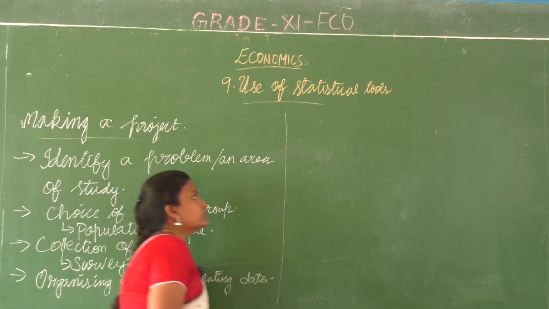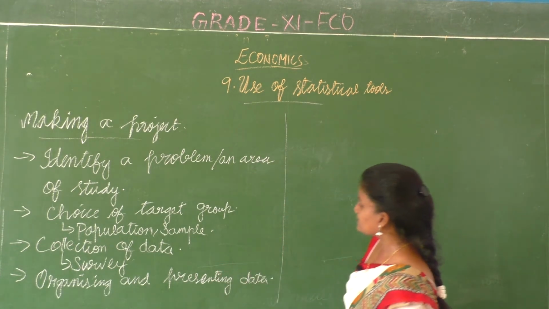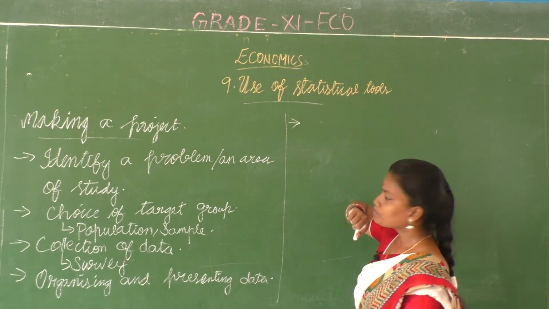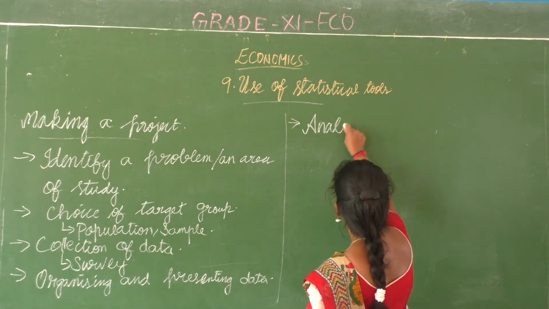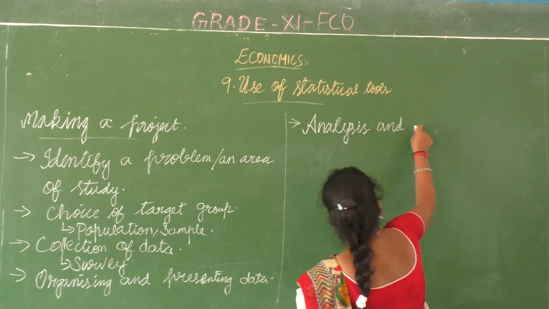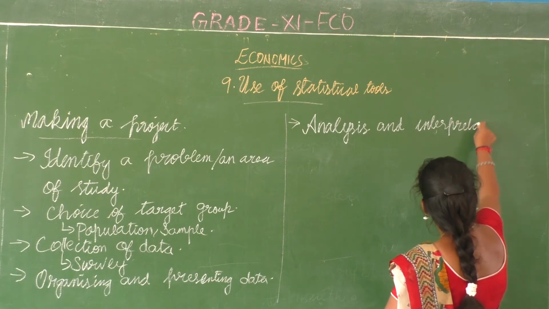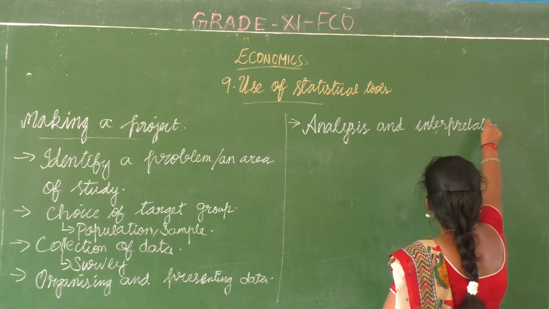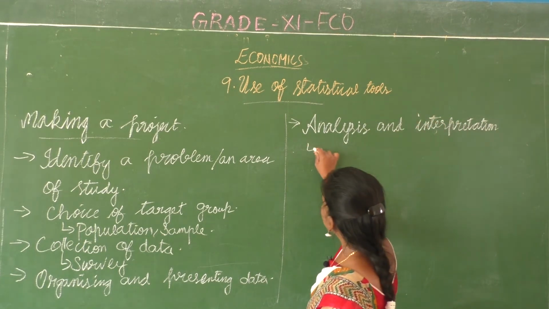Clear children? The next step you do is analysis and interpretation. The next step you do is what? Analysis and interpretation.